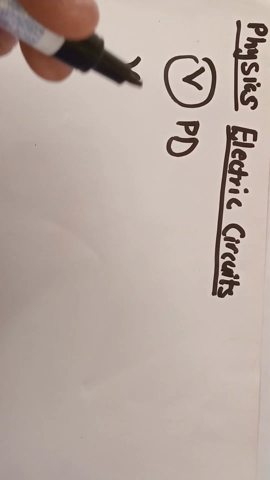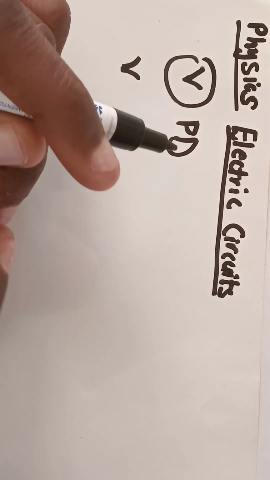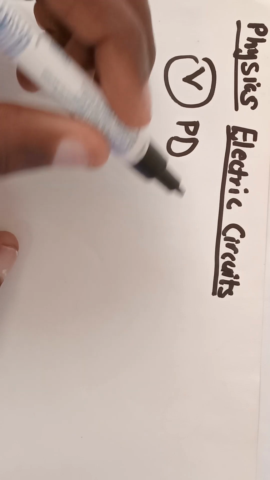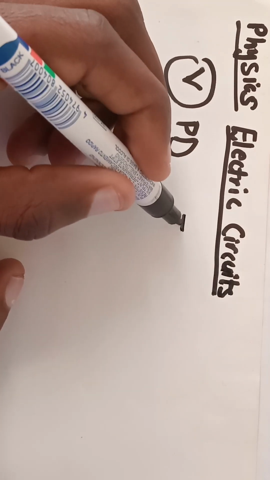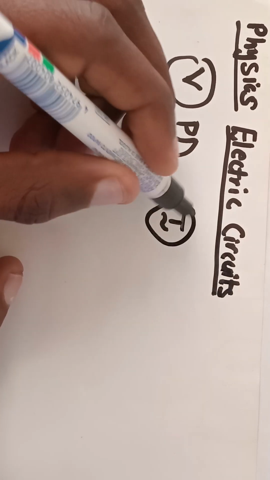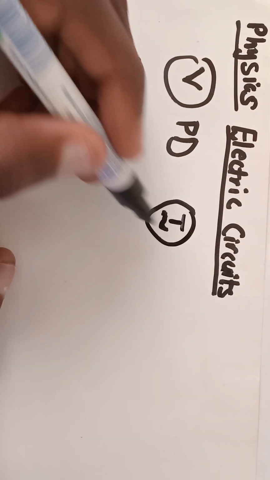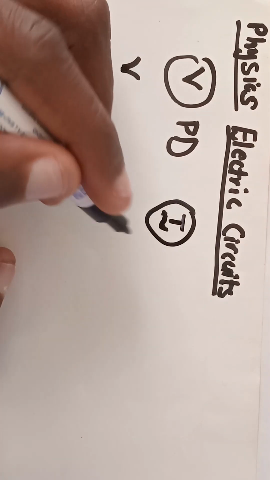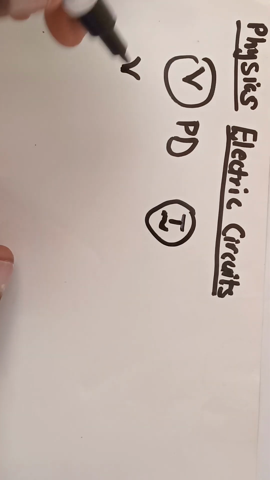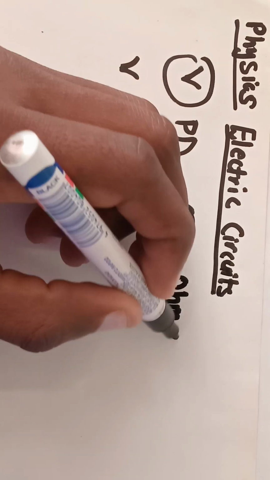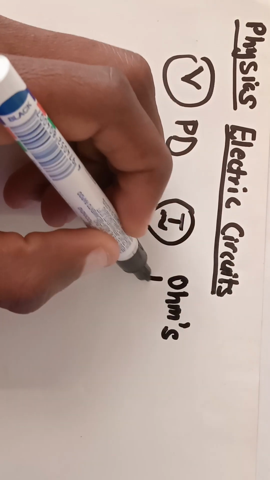So what represents the current? The current is represented by the letter I in the SI units. So let's write that Ohm's law.